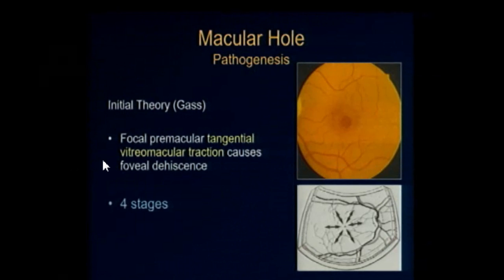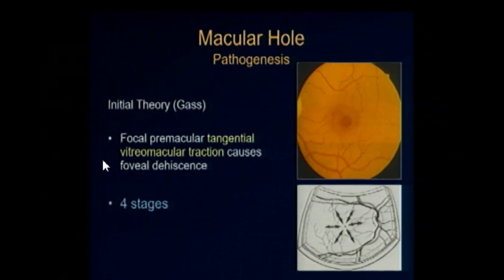What's tangential traction? We know that the vitreous sits on the surface of the retina, and you know that the fovea has a depression, right? The fovea is depressed, and the vitreous is attached to everything. If the vitreous starts to pull not from posterior to anterior, but pulls sideways, the first thing that's going to happen is that the fovea is going to flatten.